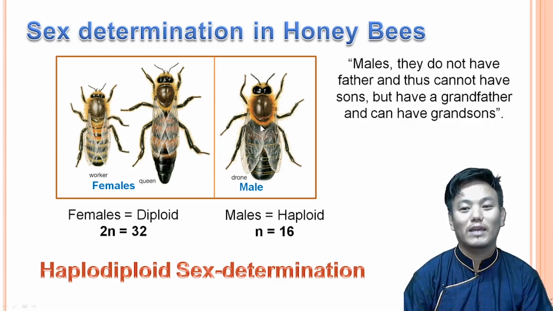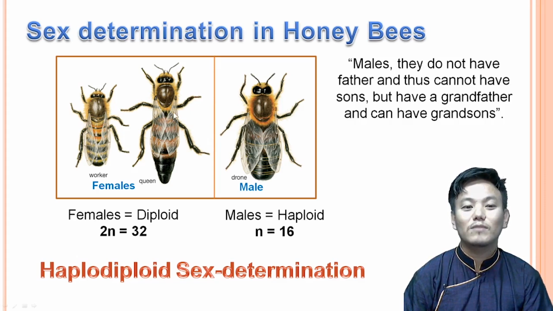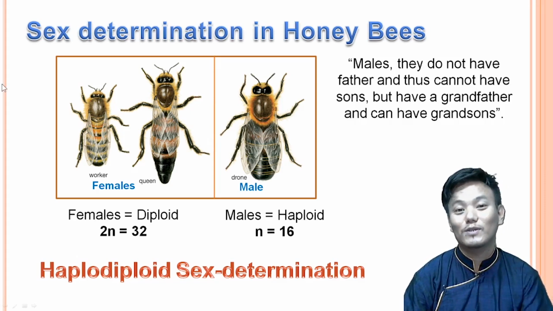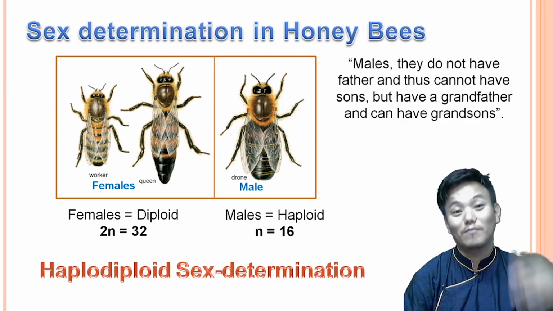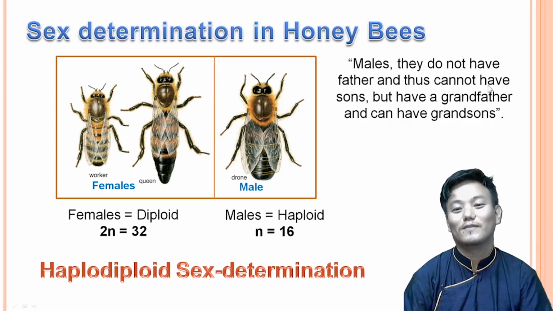But this male has a grandfather, right? Why does it have a grandfather? Because the queen which gave birth to the male must have formed due to fertilization of a previous queen's egg with sperm produced by a male drone, and that male drone was his grandfather, right?